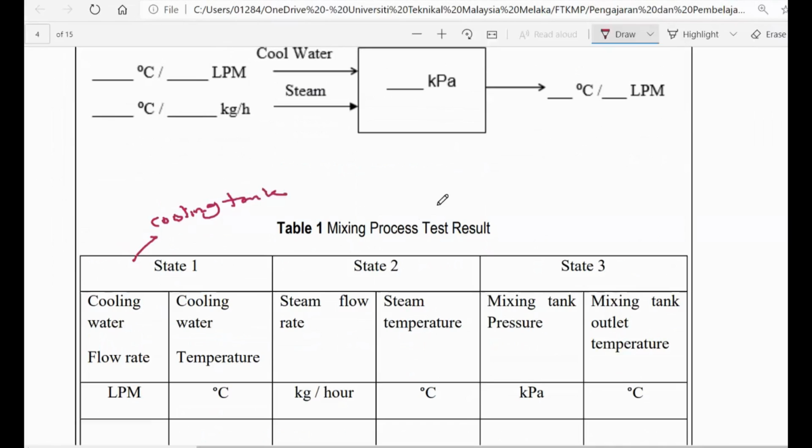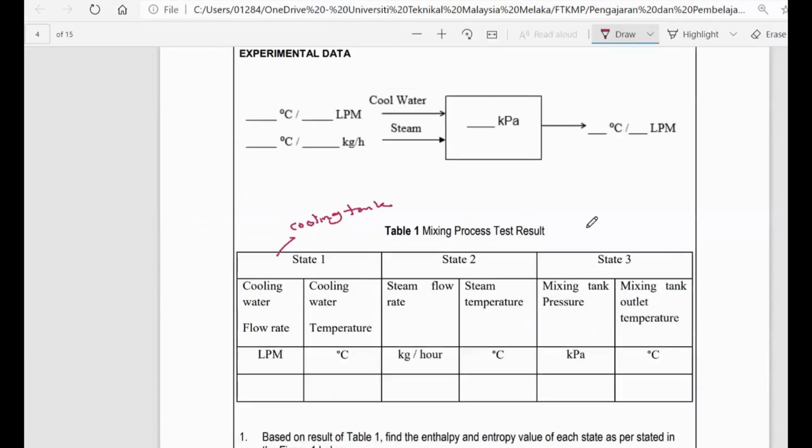What is the flow rate? In LPM, liter per minute. For example, the value is A, the same as here. What is the cooling water temperature? Let's say B. So it is B, the same value.